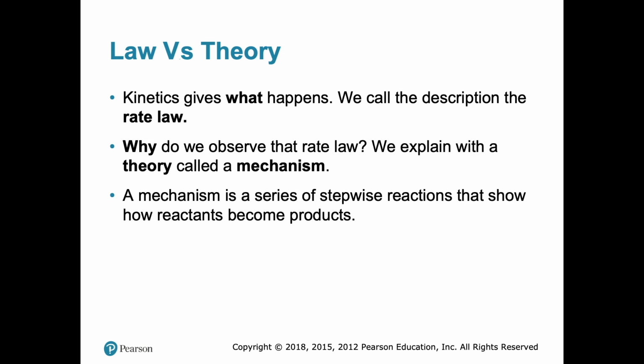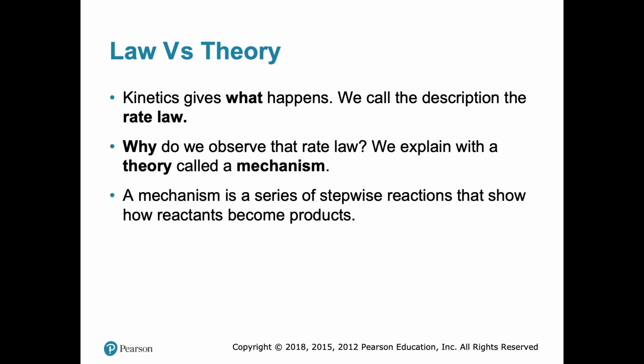And I was telling you that before, where in organic chemistry, you'll have to go through and do some very detailed mechanisms on how bonds break and how bonds form, where electrons go, and all this stuff, right? But using the rate law, you can figure out some of the different mechanisms. A mechanism is a series of stepwise reactions that show how reactants become products.